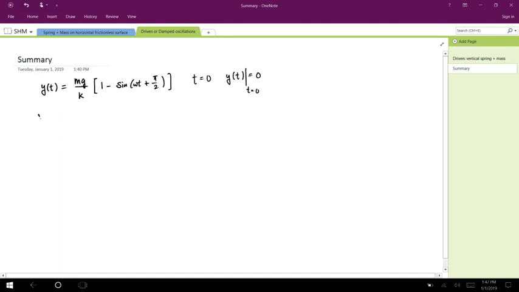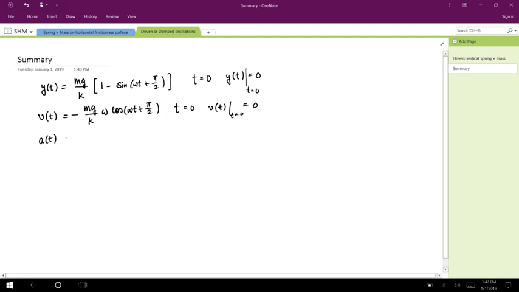And then we can find the velocity as a function of time, which is equal to negative mg over k times omega cosine omega t plus pi over 2. At time t equals 0, cosine of pi over 2 is 0, so that ends up giving us v of t at t equals 0 is also 0.